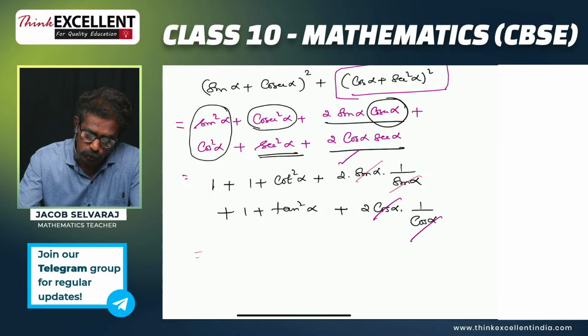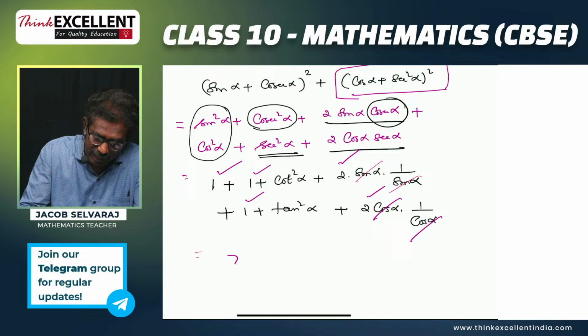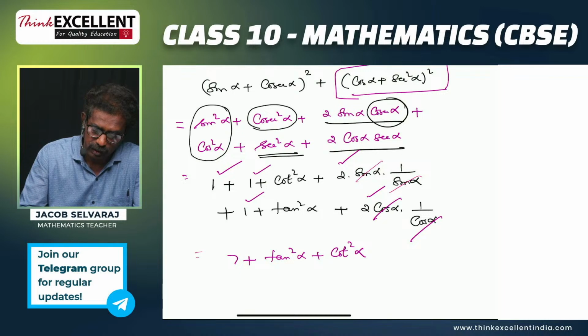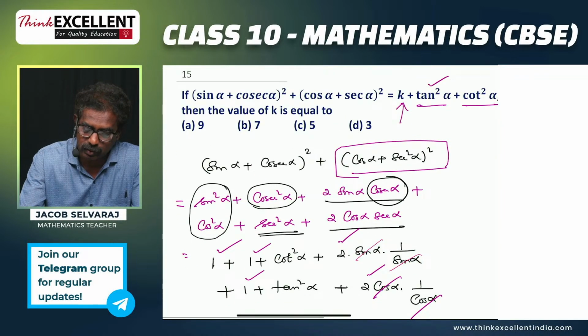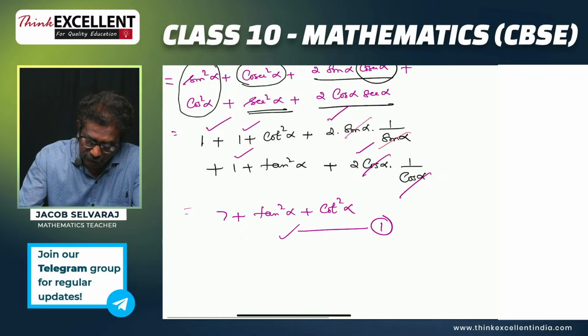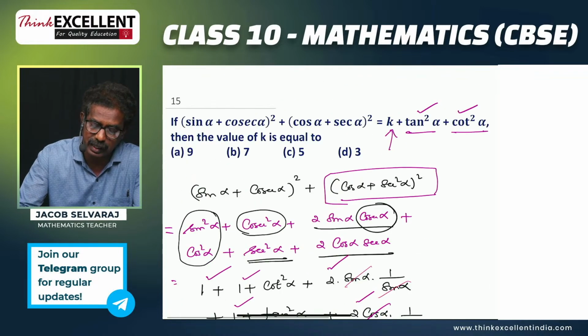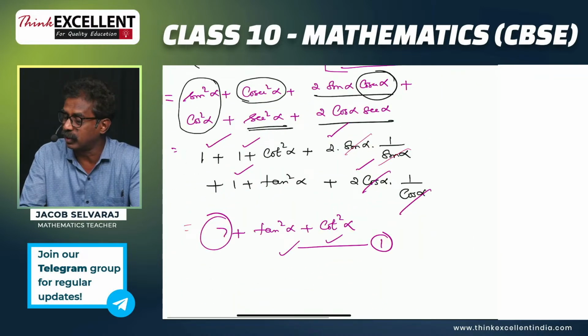You are getting 2 plus 2, 4, 5, 6, 7. You are getting 7 plus tan square alpha plus cot square alpha. If you compare this with the given answer, tan square alpha plus cot square alpha plus some constant k, instead of k we have 7.